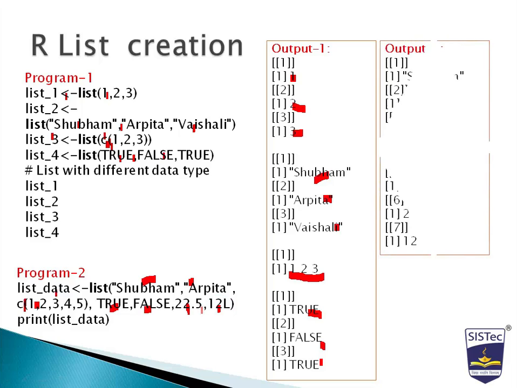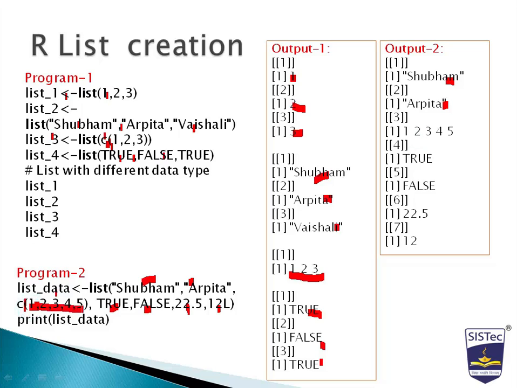The results are that Shubham and Arpita are treated as two different elements of this list. When we store five numbers 1 to 5 using the c function, they are stored as a single element. Booleans are treated as individual single elements, and numeric plus integer, all the types are included in a list.